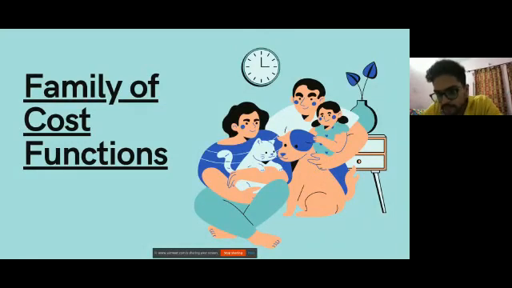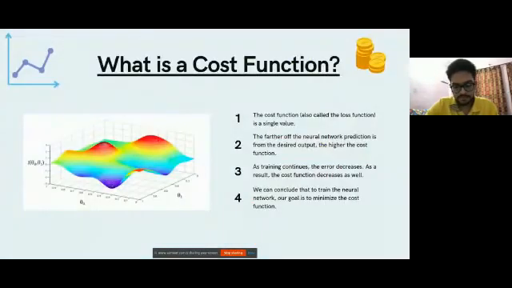The cost is imposed by a cost function. Higher cost means the neural network is performing worse, and hence our aim is to minimize the cost, which signifies a low error.